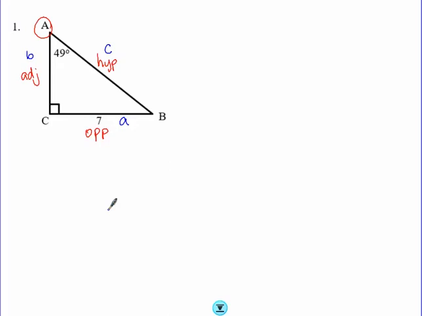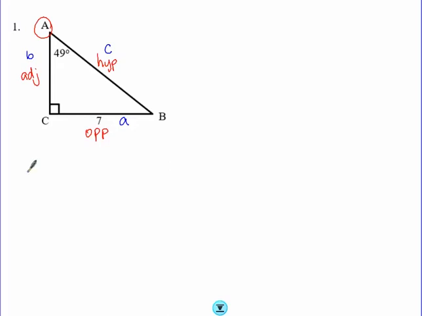Now, we know that we have a right angle. We know that one of our angles is 49 degrees. We need to find the third angle, which is angle B. We know that the sum of the angles in a triangle is 180 degrees. Since we have a right triangle, one of the angles is 90 degrees. The sum of the other two angles, which in this case are angle A and angle B, is 90 degrees.